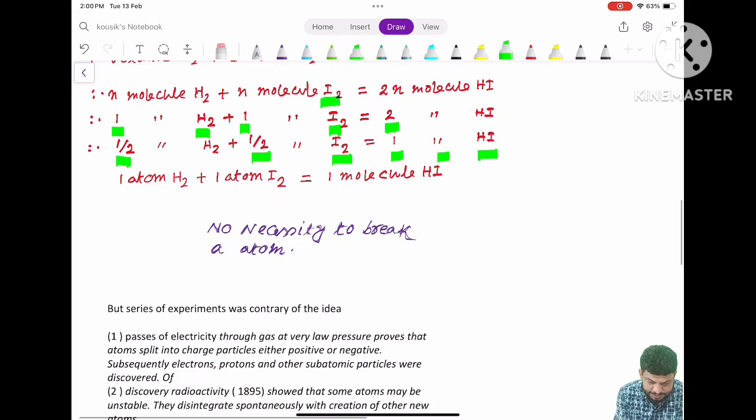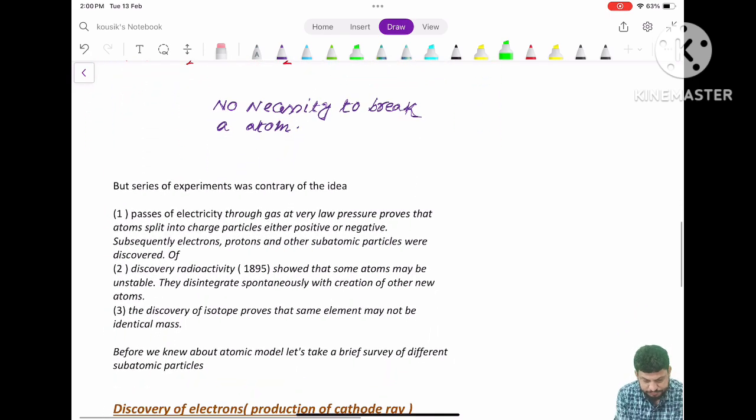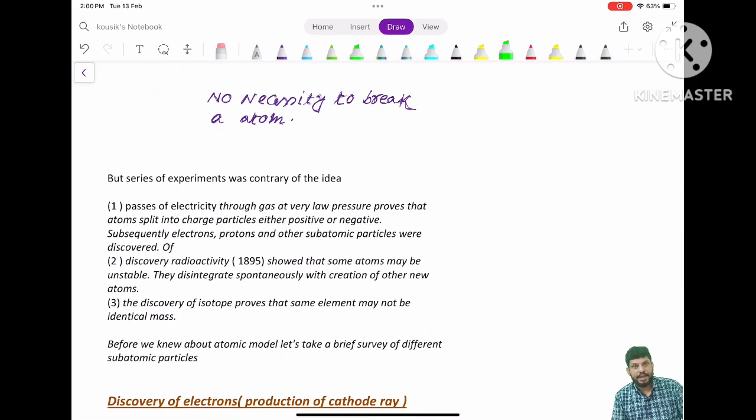Now let's see how different experimental facts are contrary to Dalton's idea. The first one is passage of electricity through gas at very low pressure. Here we need a little explanation.